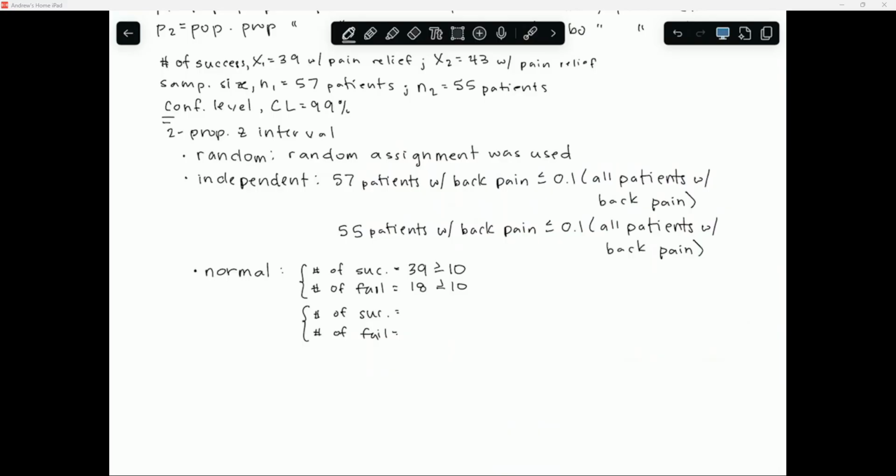For group 2, we had 43 patients with pain relief, which is greater than or equal to 10. And I had 55 patients. 55 minus 43 would be 12, which is also greater than or equal to 10. So we clear that bar in both samples.